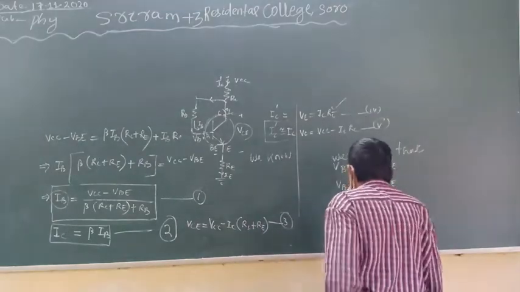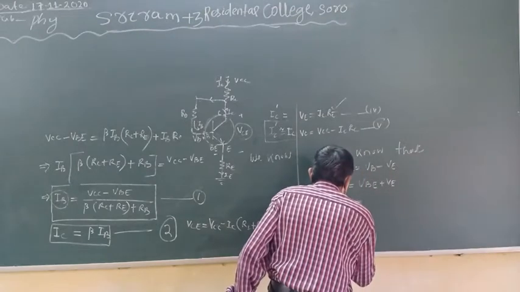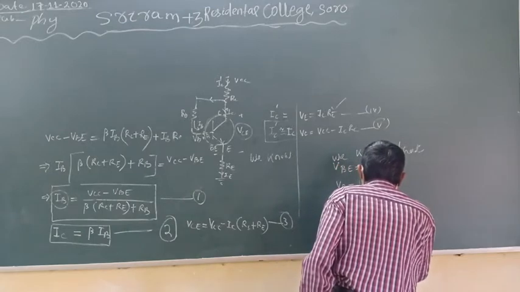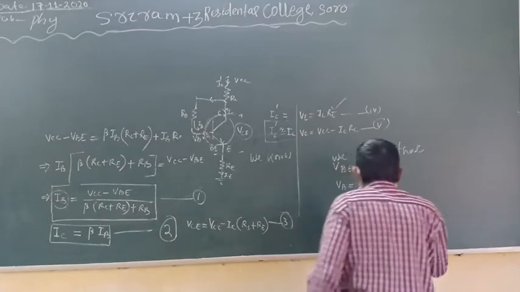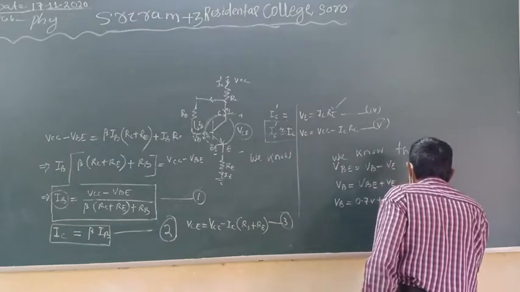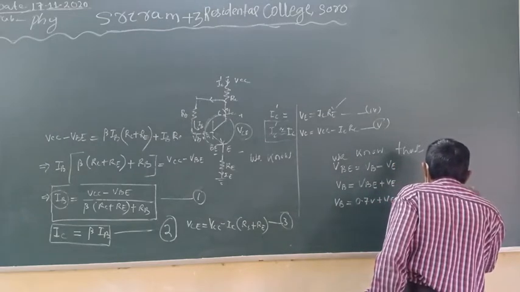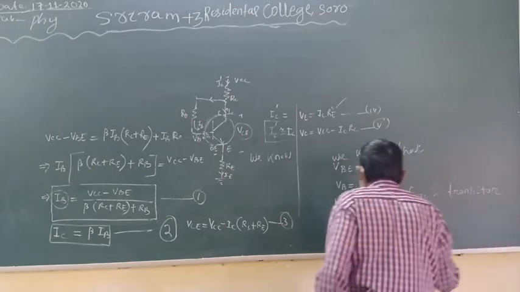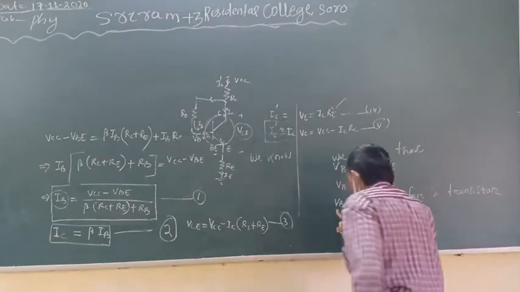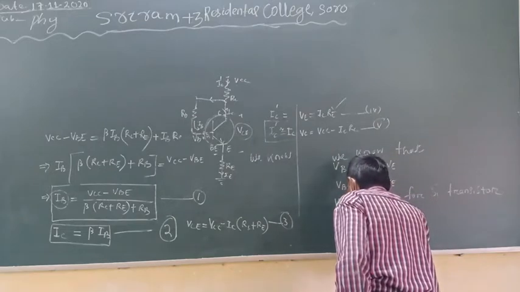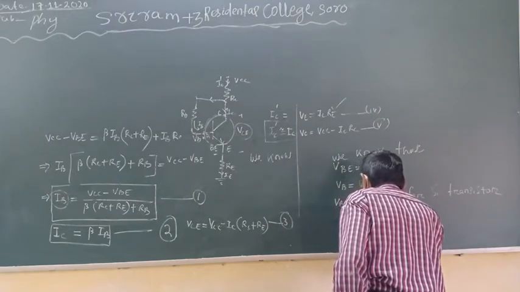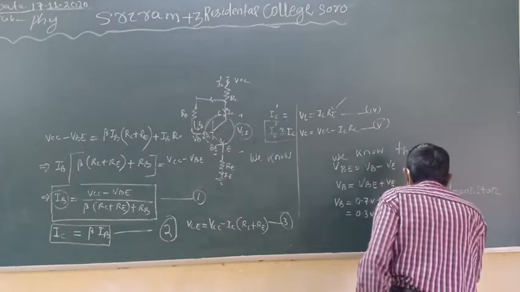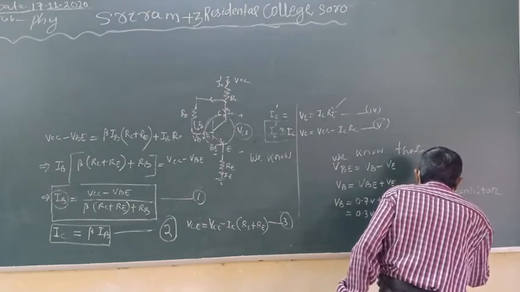Now we write Vb equal to 0.7 volt plus Ve for a silicon transistor, but Vb is 0.3 volt plus Ve for a germanium transistor.